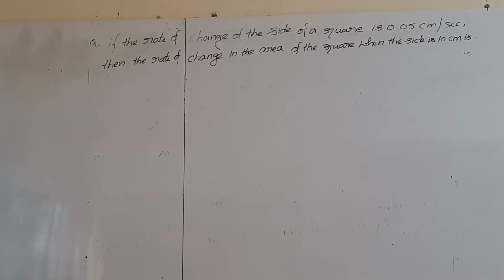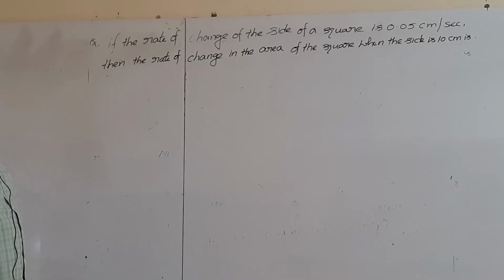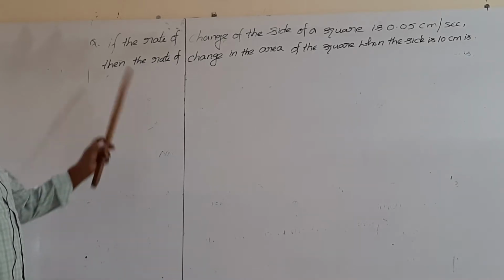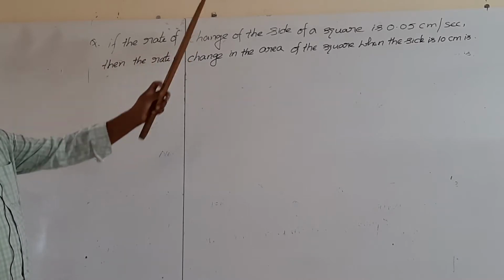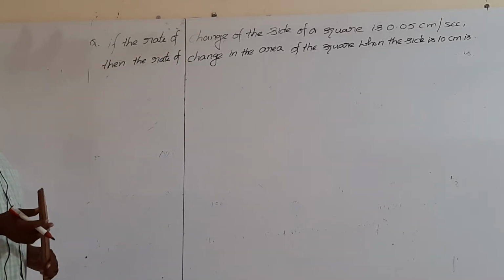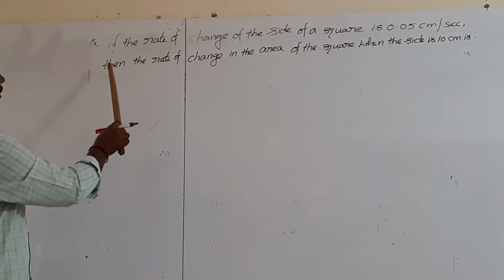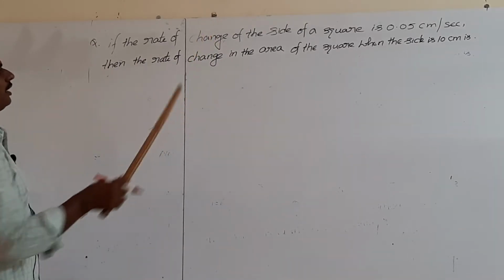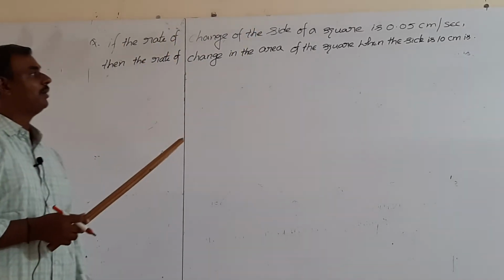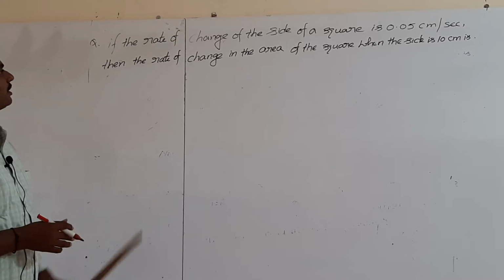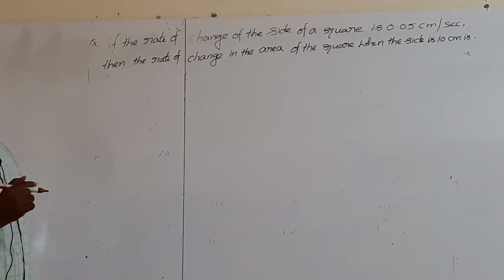So let us see the problem. Read the question very carefully: the rate of change of the side of a square is 0.05 centimeter per second. Then find the rate of change in the area of the square when the side is 10 centimeters. In this case, what are the variables? Identify the variables.